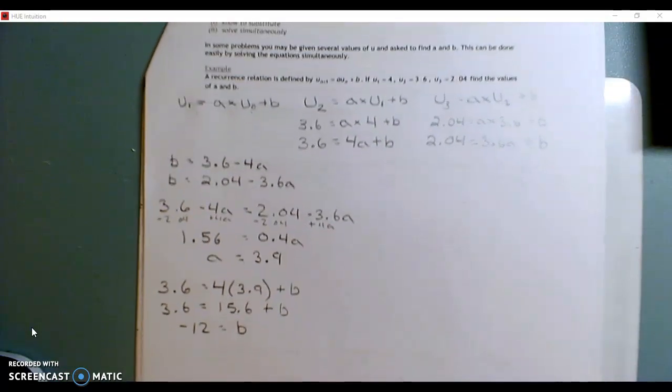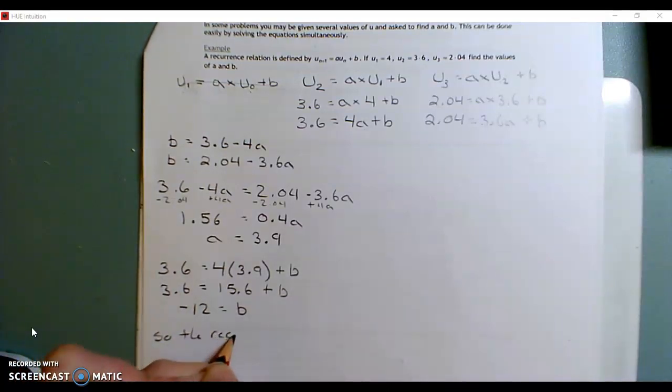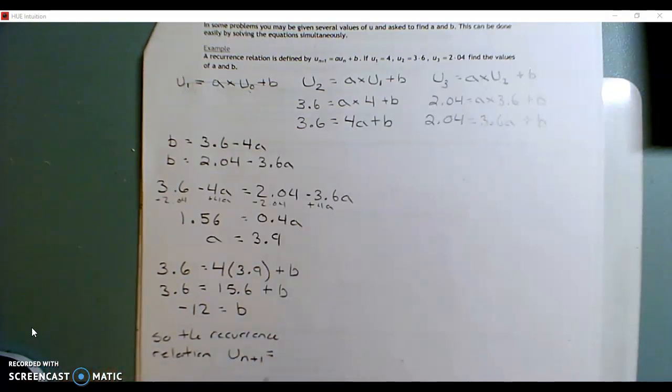So I found my values of A and B. Therefore, my recurrence relation will be u_(n+1) = 3.9 u_n - 12.